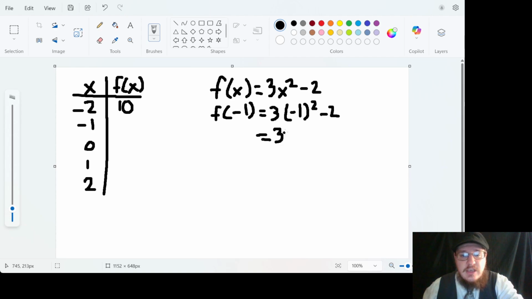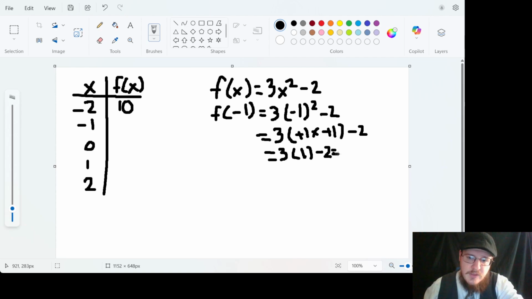So essentially, negative 1 times negative 1 minus 2. That turns into positive 1 times positive 1. So we get 3 times 1 minus 2, 3 minus 2, and boom, we got ourselves a positive 1.